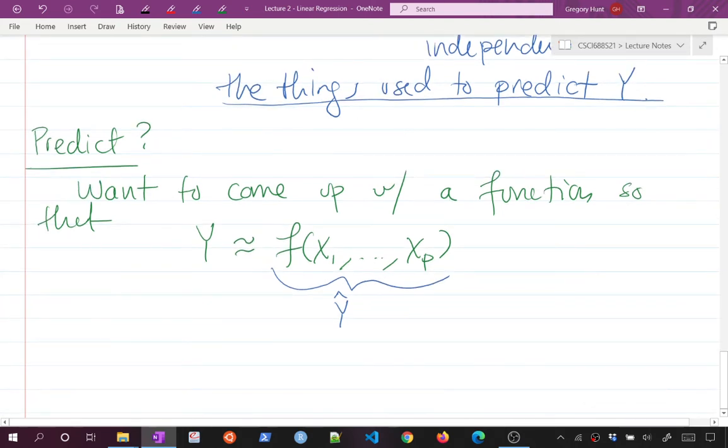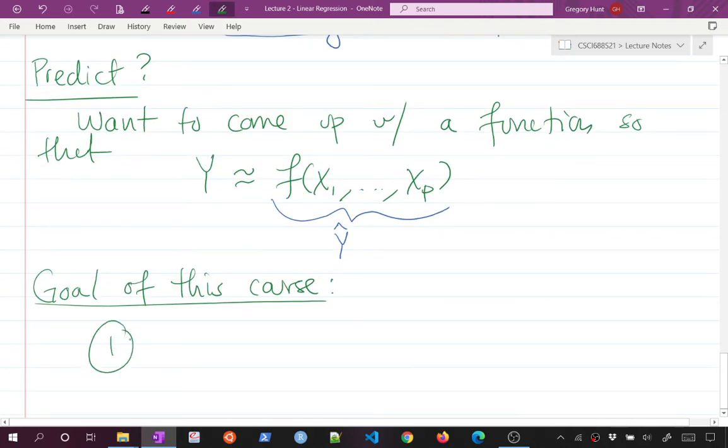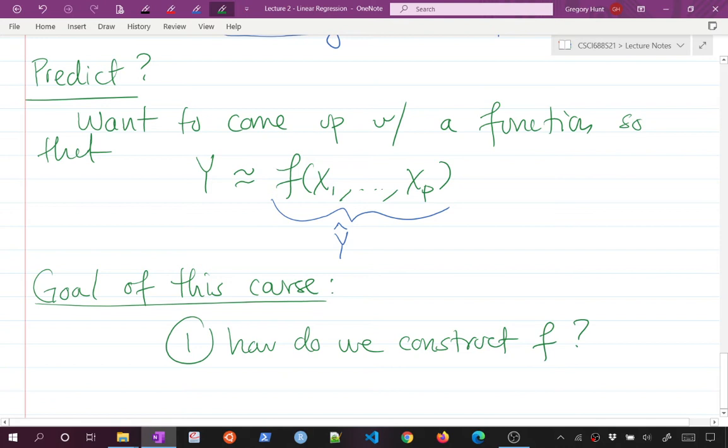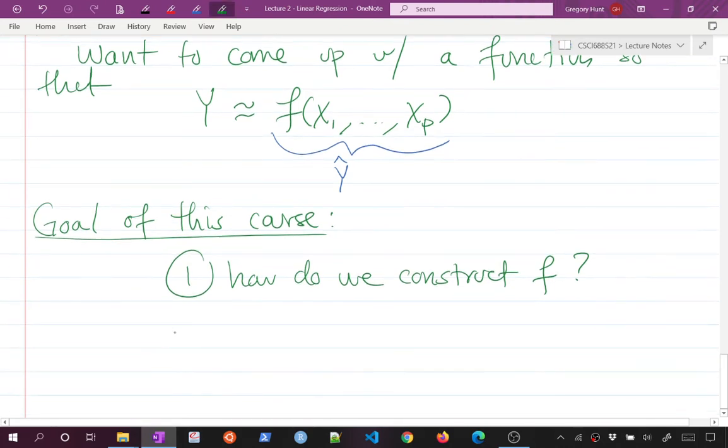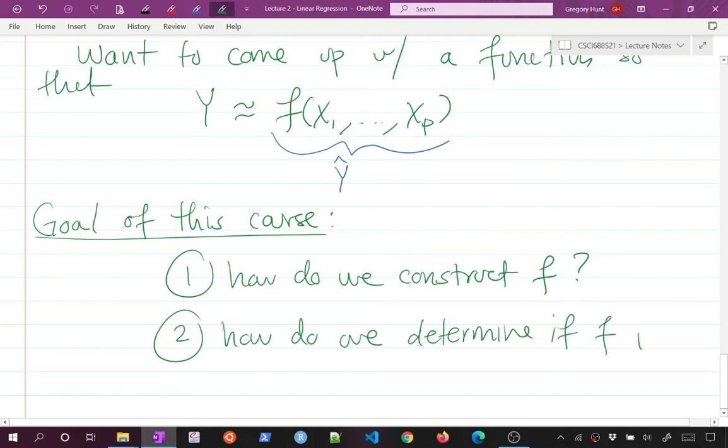And the whole goal of this course, or the goal of statistical learning approaches, is to, one, talk about how do we construct f, and two, how do we determine if f is good.